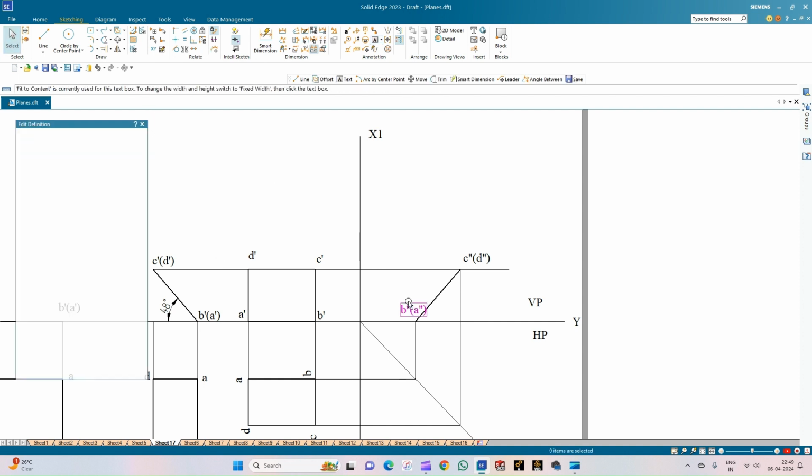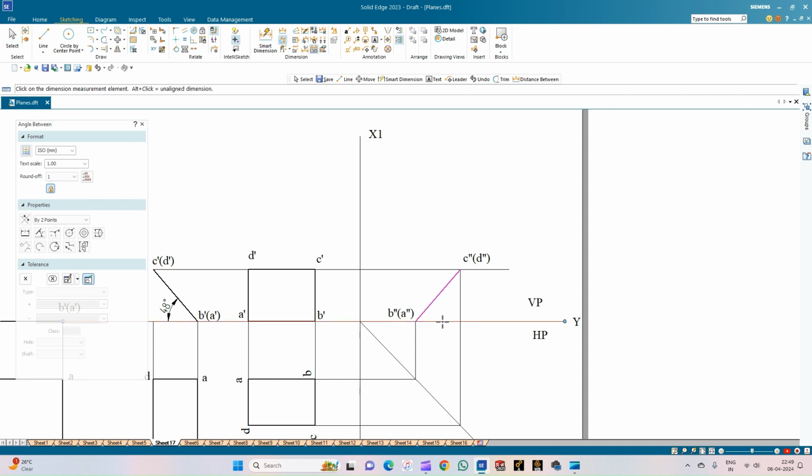Now you can see that the inclination with respect to the VP and HP can be measured. This is 48 degrees, which is the inclination with respect to the HP.